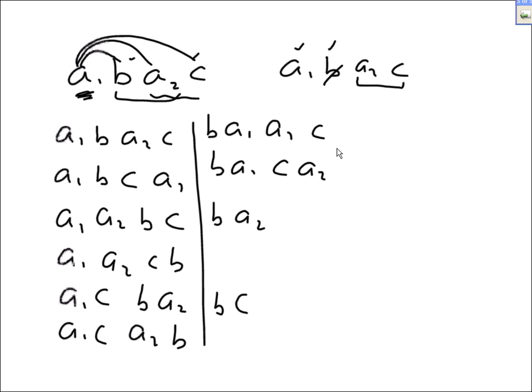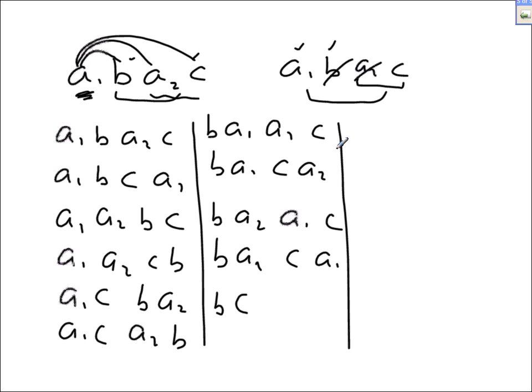If I have B and A2, that leaves A1 and C remaining. Can have A1 and C, or C and A1. If I use B and C first, then I have A1 and A2 left over. I can have A1, A2, or I can have A2, A1. That was where B first.